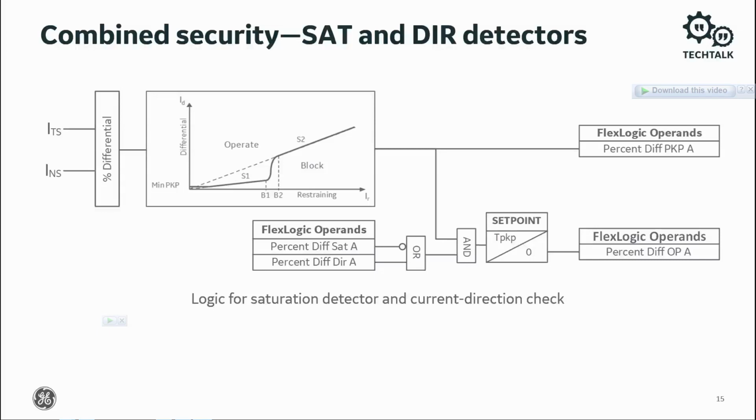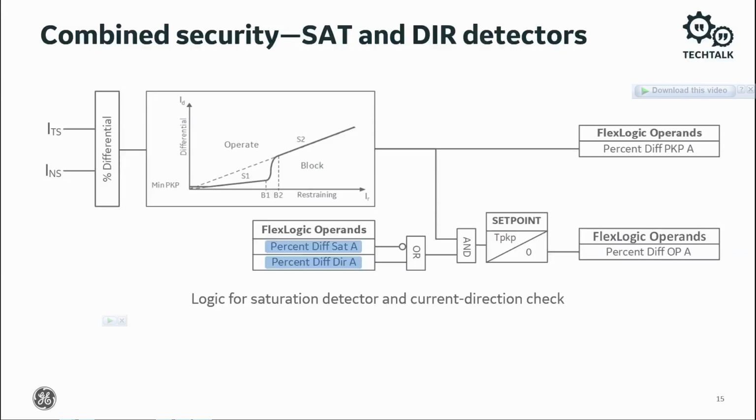In the logic diagram, the percent differential element is supervised by the saturation and by the direction detectors. When there is no saturation, the relay bypasses the directional test and allows percent differential operation. When saturation is detected, the element makes an additional check on the angle between the terminal side CT and the differential CT currents.